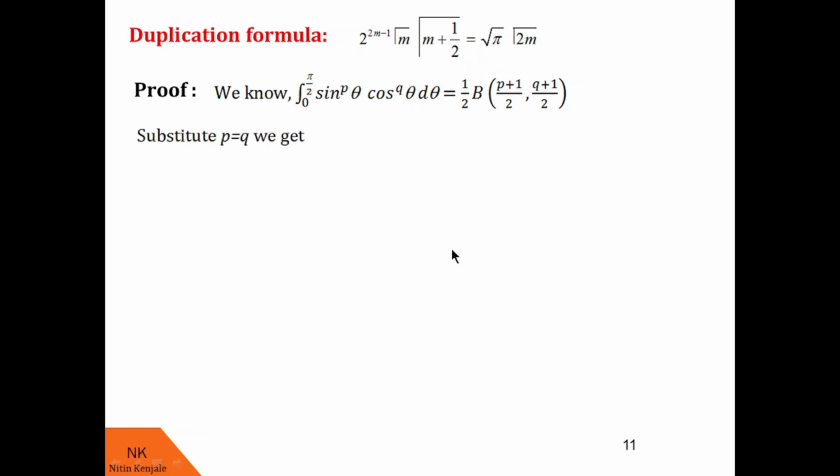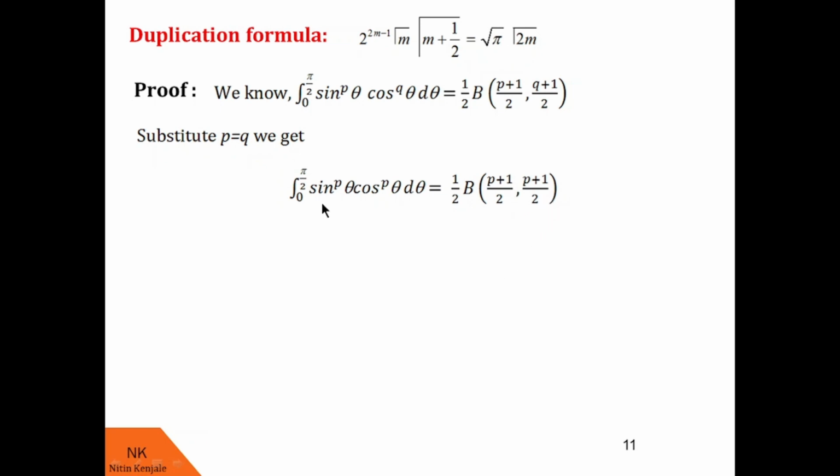In this statement, we will put p is equal to q. We get left hand side as integral of sin raised to p theta into cos raised to p theta d theta over the limit 0 to pi by 2. Whereas right hand side becomes half beta of p plus 1 by 2 comma p plus 1 by 2.